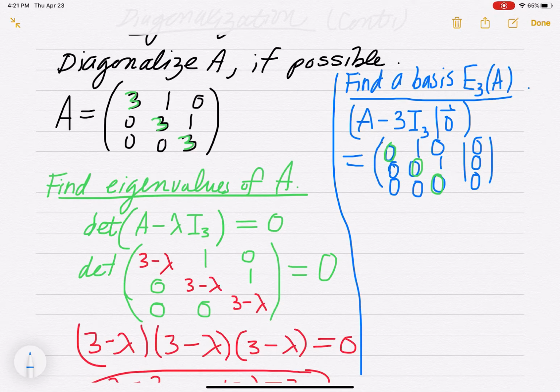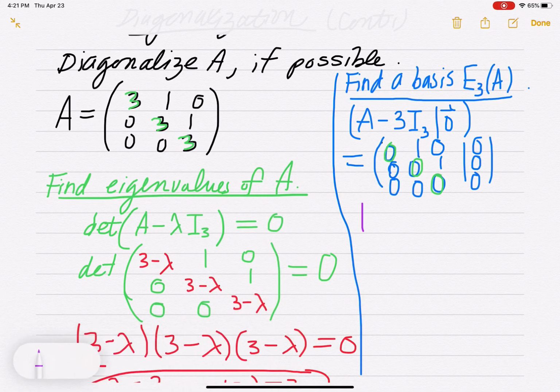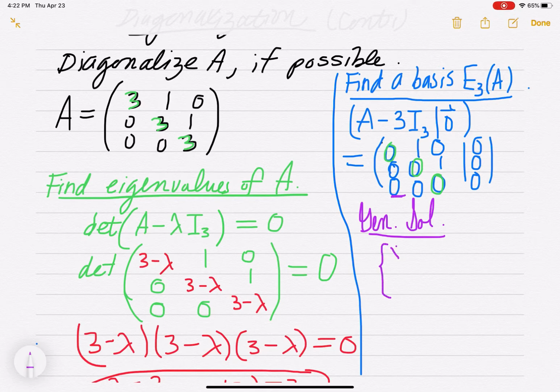Now, if you look at this and you want to find a general solution, you notice that you have a free variable here in the first column, so x1 is going to be free. That's kind of unusual. If you look at the last row, that's going to tell you that x3 is 0.